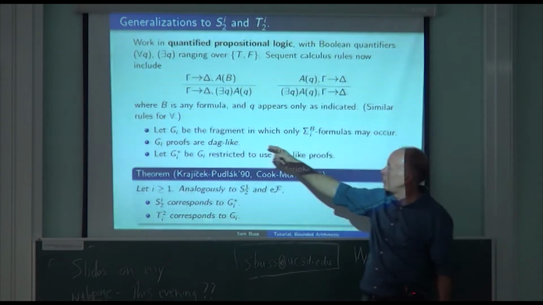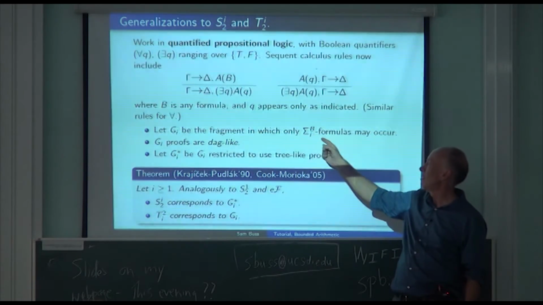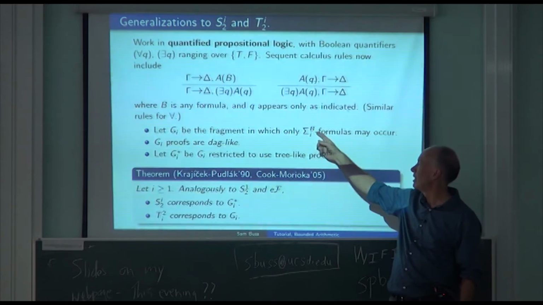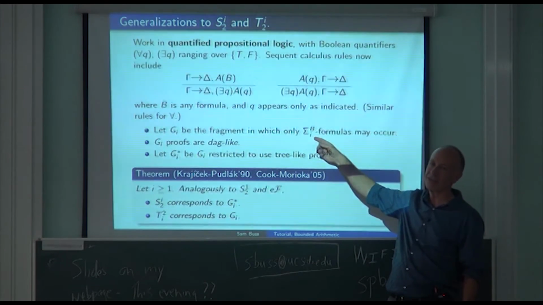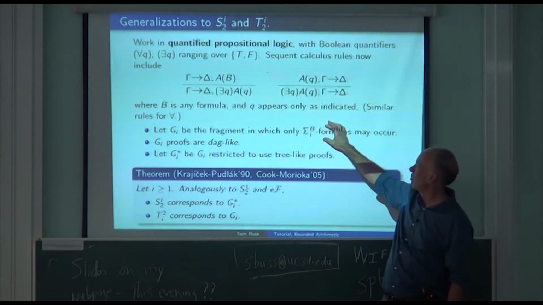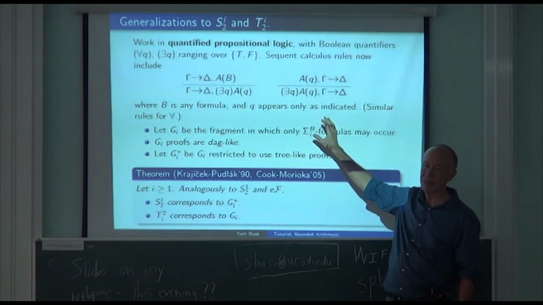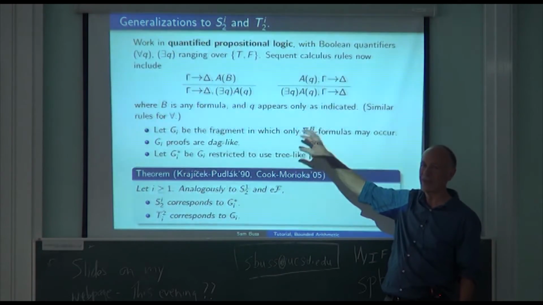If you take the logic called G sub i, this is propositional logic restricted to sequent calculus using only sigma capital B sub i formulas. Sigma capital B sub 1 means propositional or Boolean formulas with only existential quantifiers. Sigma capital B sub 2 would be existential Boolean quantifiers followed by universal Boolean quantifiers, and so forth.